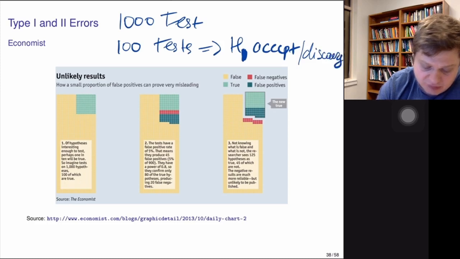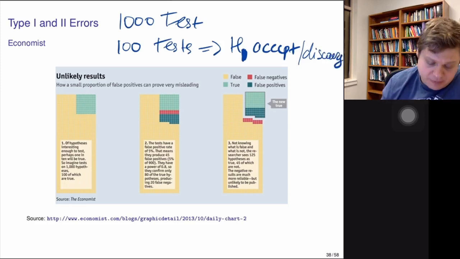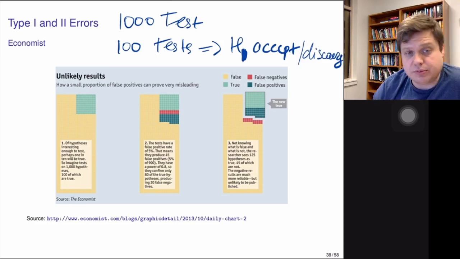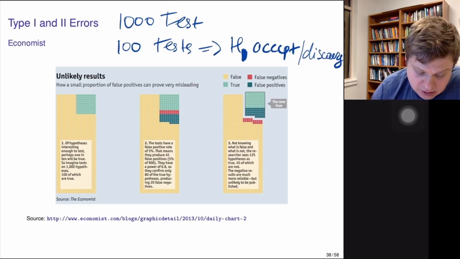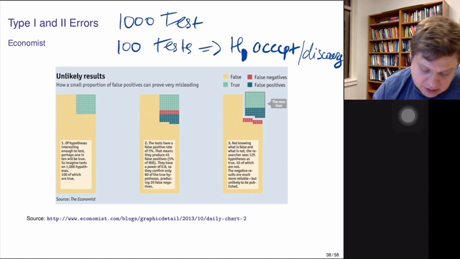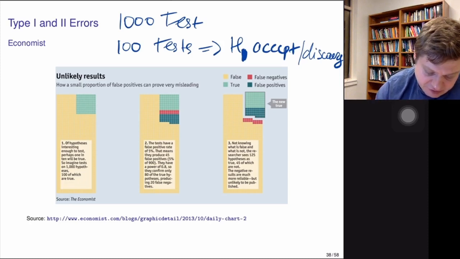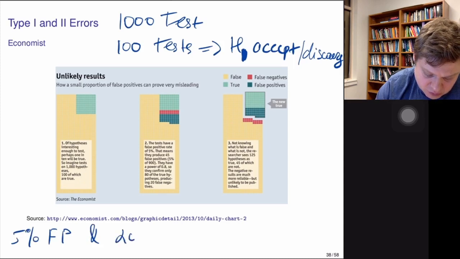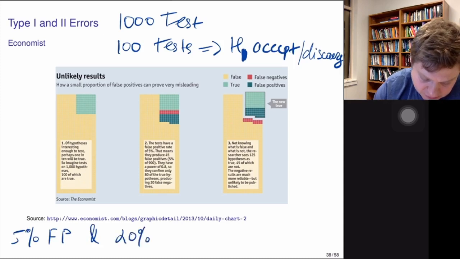So we do discover in 100 cases. And of course our procedure to perform those tests is noisy. So let's say we have 5% false positives and 20% false negatives.